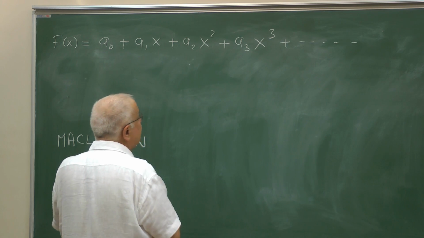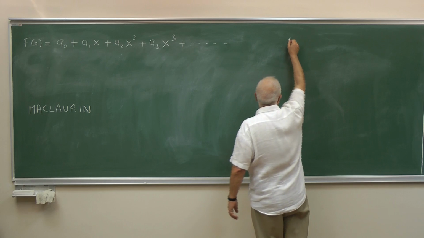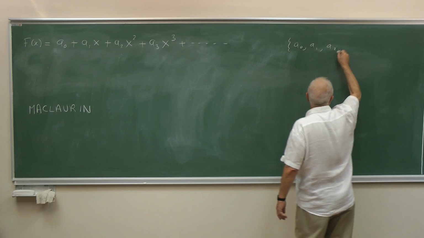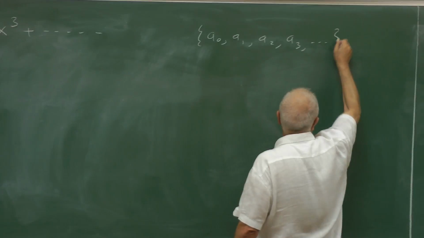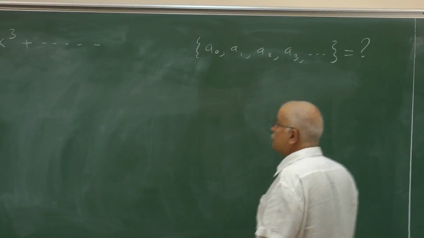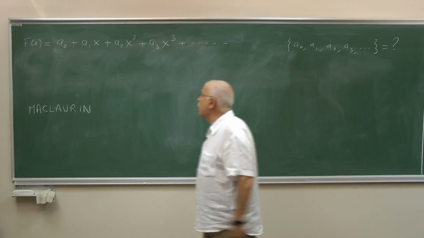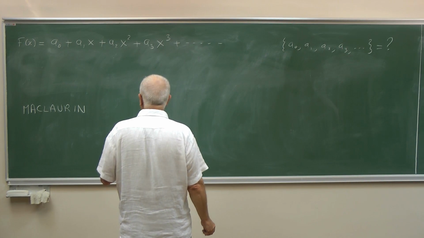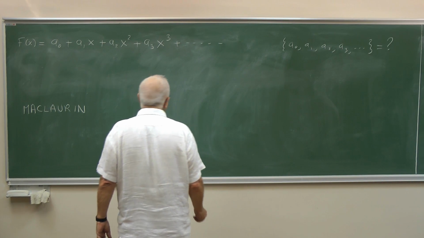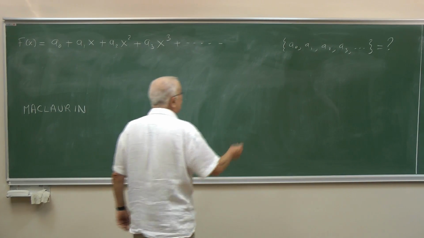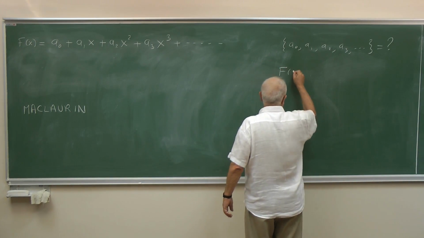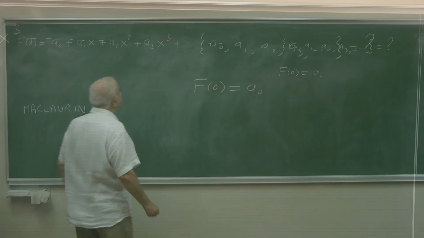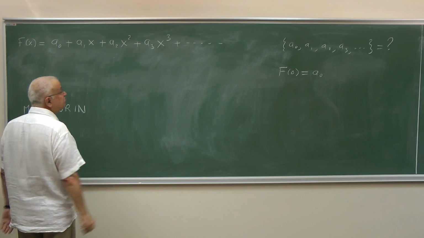How do we get these coefficients, a0, a1, a2, a3? That is the question mark. Well, let's go one by one. a0 is rather easy because if I set x equals to 0, f of 0 equals a sub 0. All these powers of x die out.